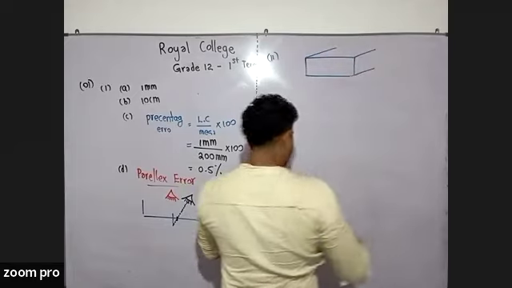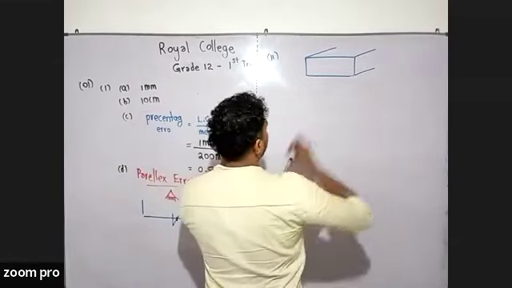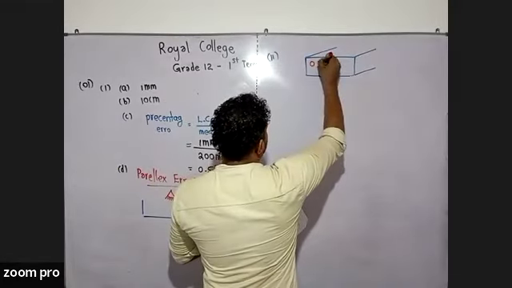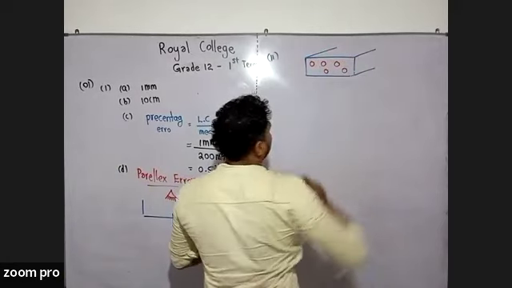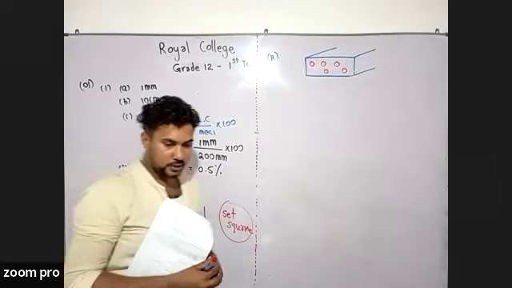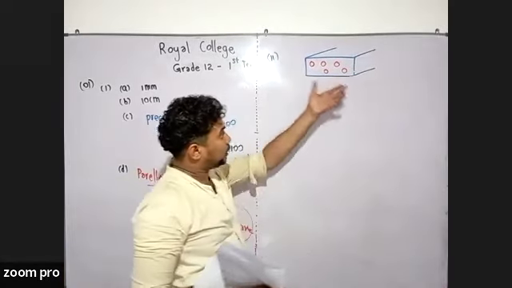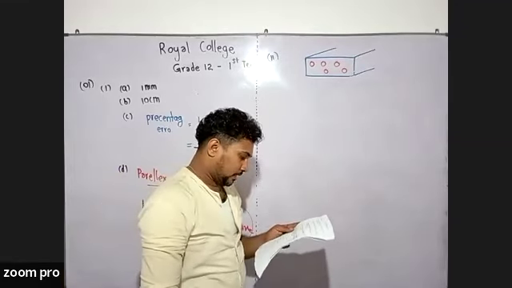Now you have observed that there is some air trapped inside this cardboard. So now we are going to measure the volume of the air which is trapped inside this cardboard, right?